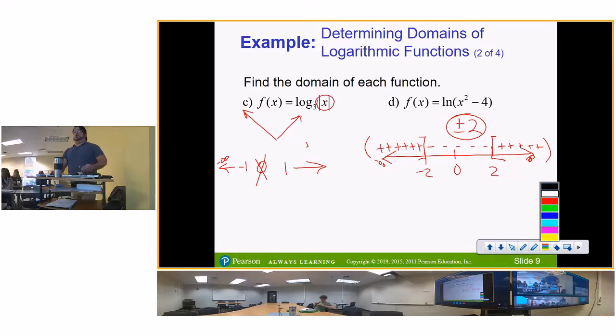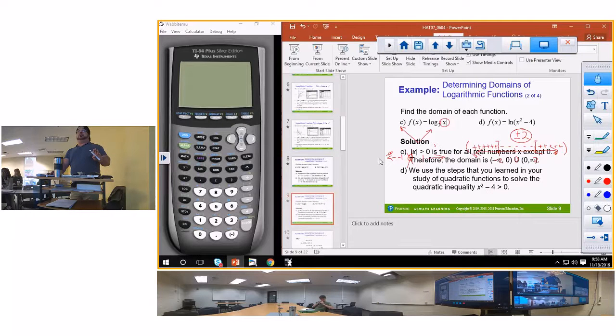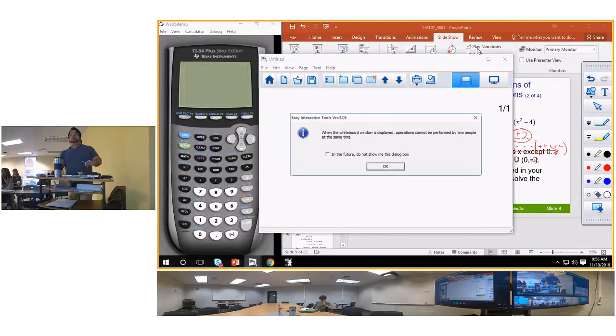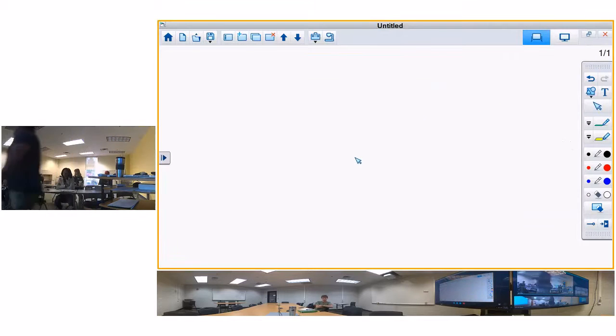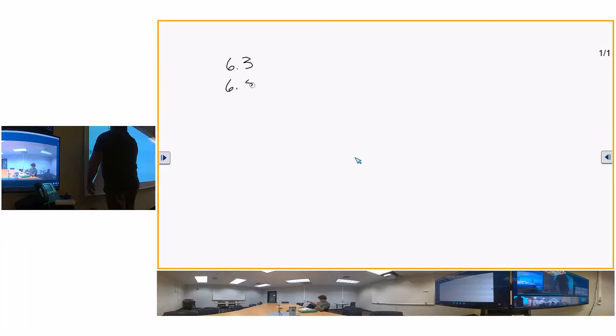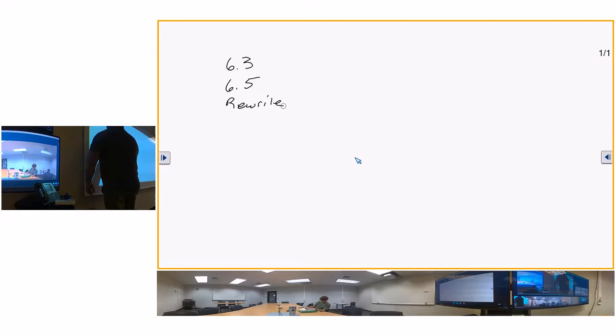Okay, now what should you be working on? Let's go over what you should be working on, because I want to make sure everybody understands I'm doing this a little bit different than my other sections. I want everybody to be working on 6.3, 6.5, rewrite, and solve equations.